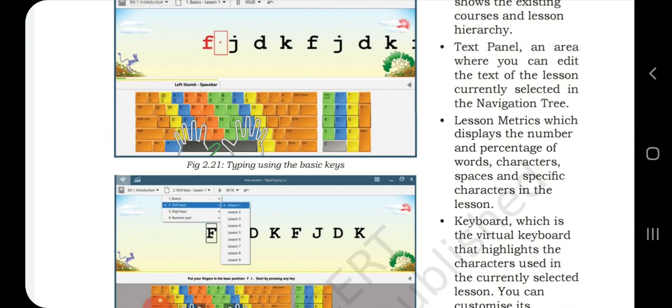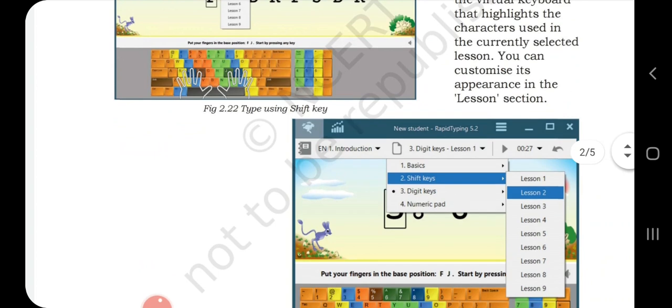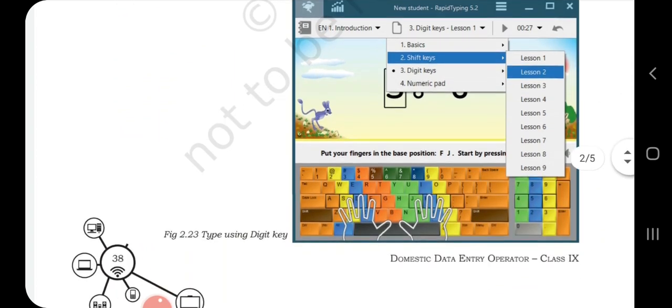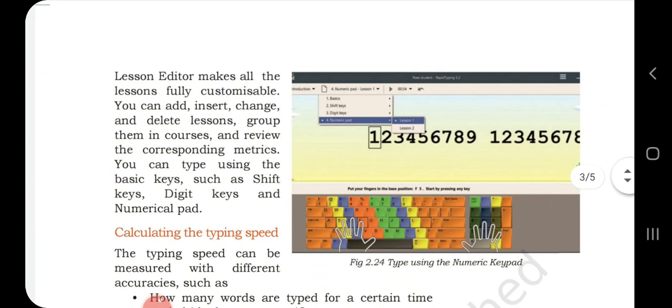This figure shows typing using the shift key. In total there are 4 options: basic, shift keys, digit keys and numeric pad. This window shows typing using digit keys, and the last one is typing using the numeric keypad.